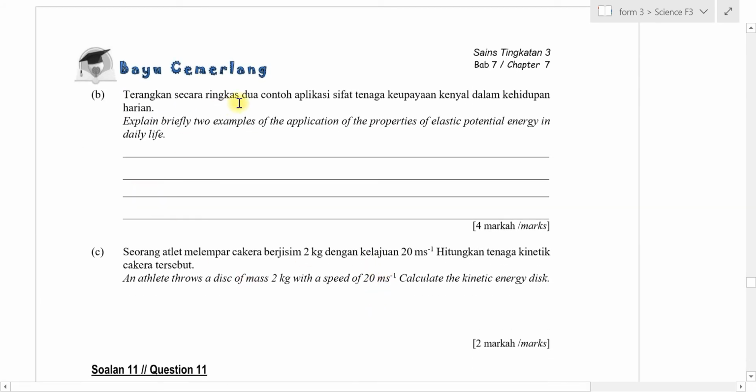explain briefly two examples of application of the properties of elastic potential energy in daily life. You need to explain briefly about application of properties of elastic potential energy. One you can explain about stretching, another one you can explain about compressing.